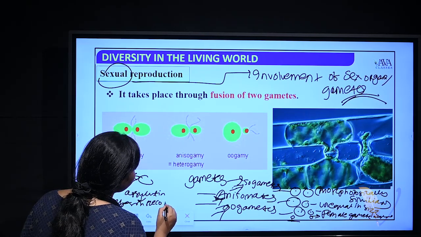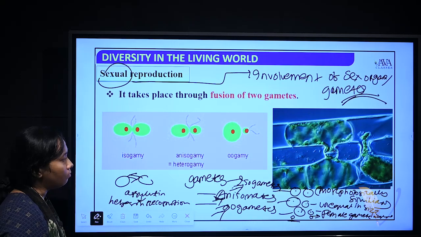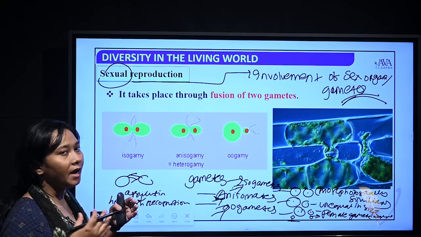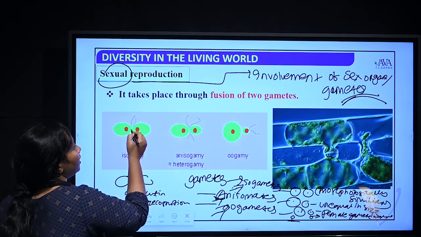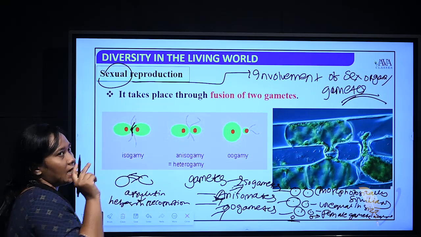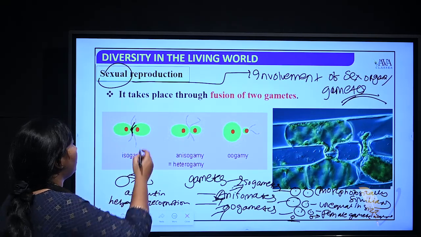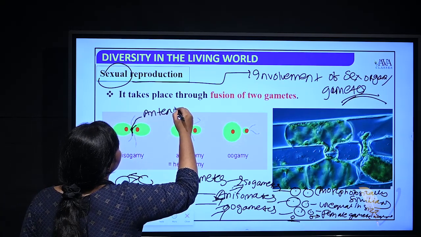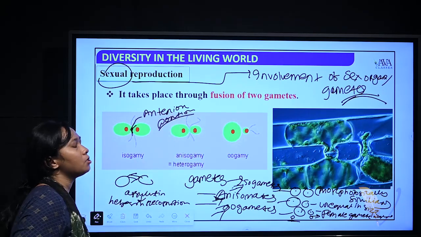Generally the gametes fuse in the anterior portion, where the flagella are.